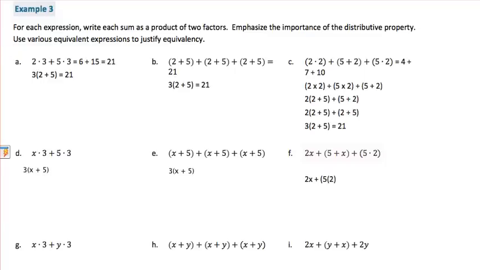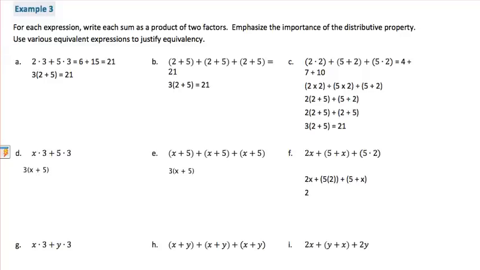It's a little bit harder on the computer when I can't use the multiplication symbol there. Okay. So now what we have is 2 times x plus 5 times 2 plus 5 plus x. Well, a common factor between these two terms is a 2.